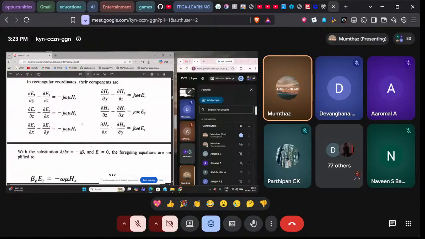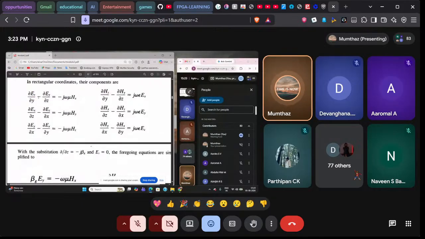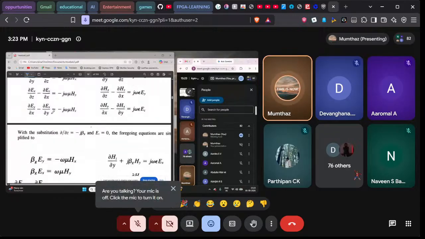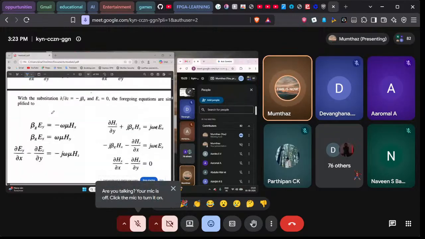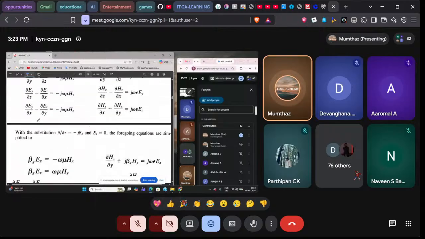Like here, you know, Ez equal to 0. This is 0, so we have only this component. When this is equal to 0, we have only this component. So what will you get? You will get this equation. You are substituting dou by dou z as minus j beta g, and that gives beta g Ey.